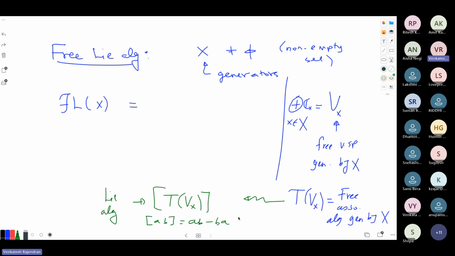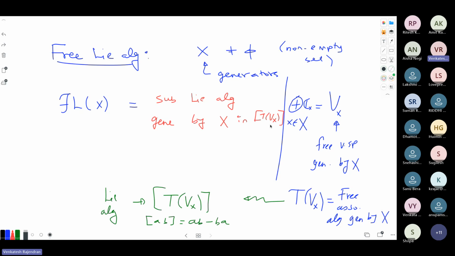Then what is FL of X? FL of X is the sub Lie algebra generated by X inside the bracket of TVx.